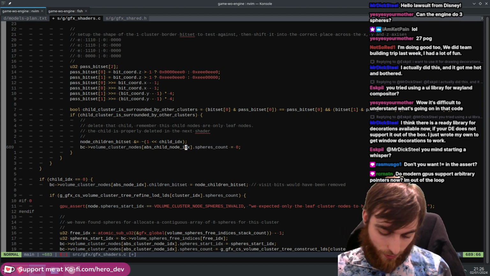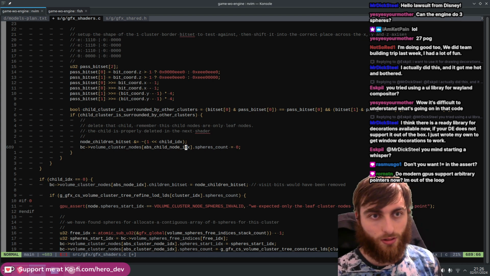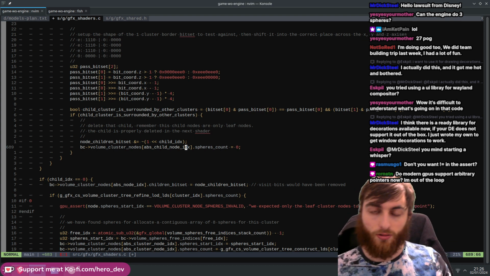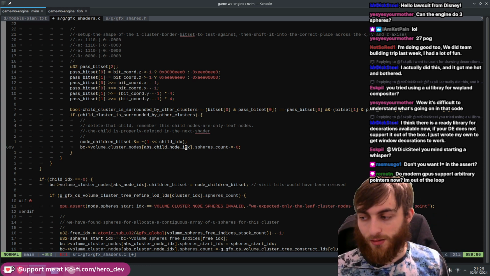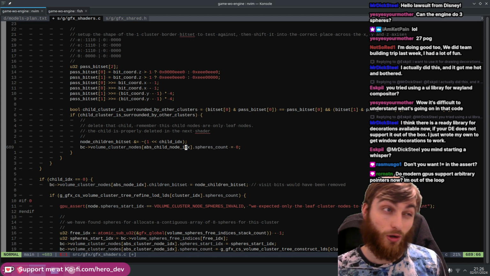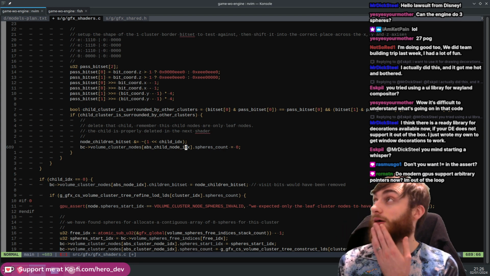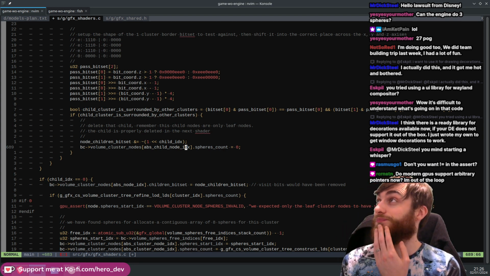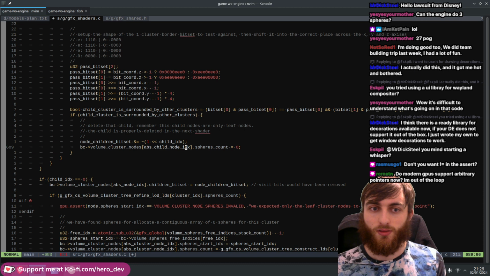Do modern GPUs support arbitrary pointers? I'm out of the loop. So SPIR-V has pointers when you compile stuff out, but they're logical pointers. What a logical pointer means is the compiler has to know. You can't conditionally reach that address.